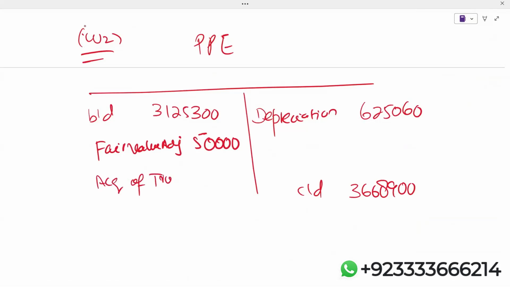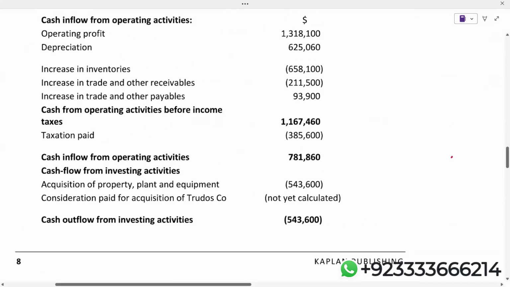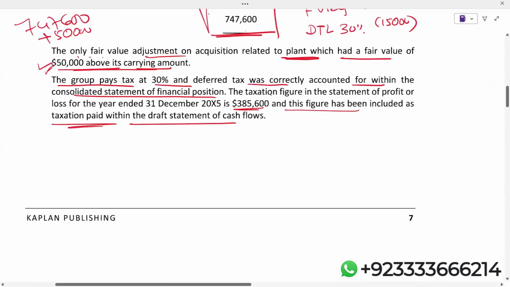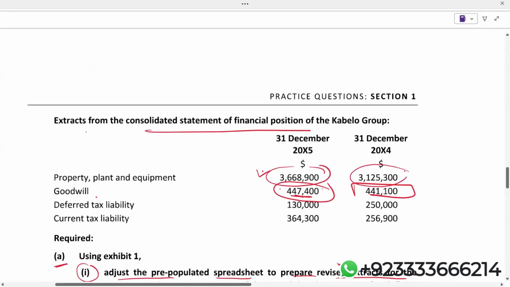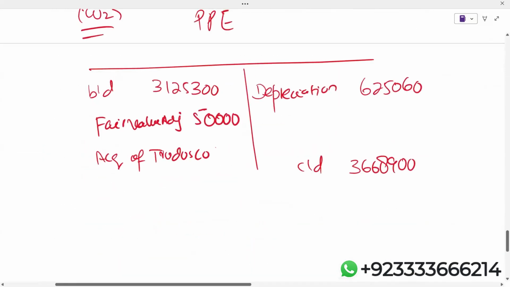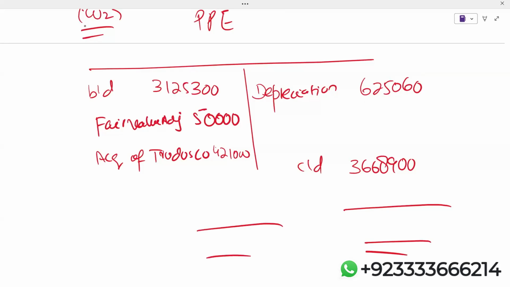Acquisition of Trodor's, 4,21,000. Logically, both the sides should be balanced.